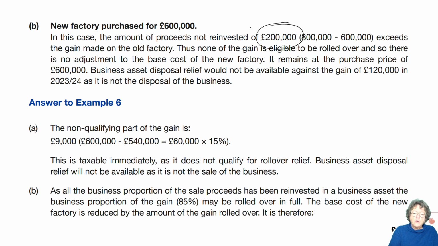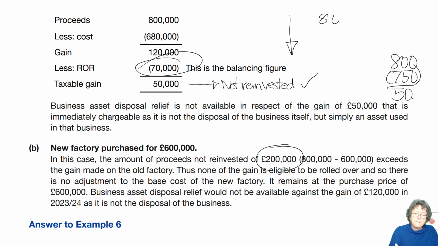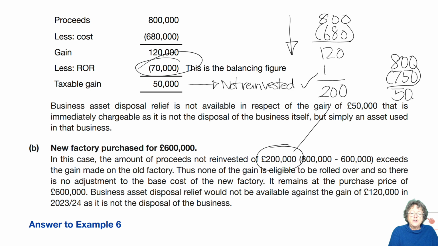So proceeds less cost is gain. We can't have any rollover relief because this figure would be 200,000. Therefore, there's no rollover relief, and they simply pay tax on the gain, as it were, and that's how that works.